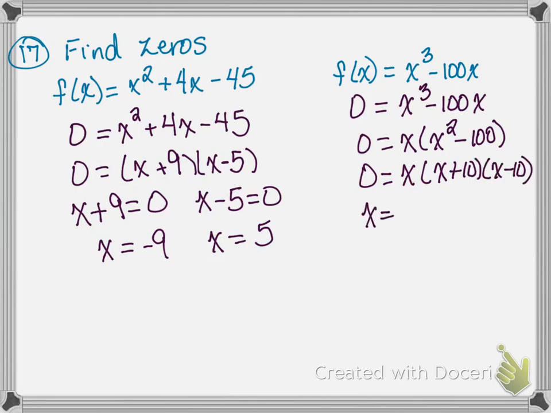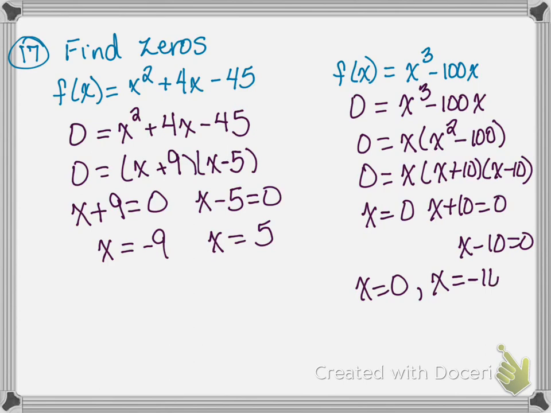We set each factor equal to 0. And so our zeros for this function, and that means where it crosses the x-axis, it crosses at 0, it crosses at -10, and it crosses at +10. Okay, so that is number 17.